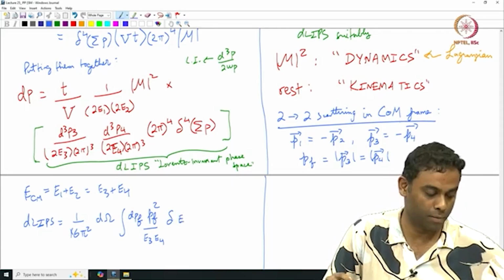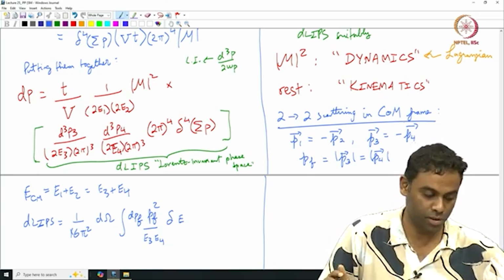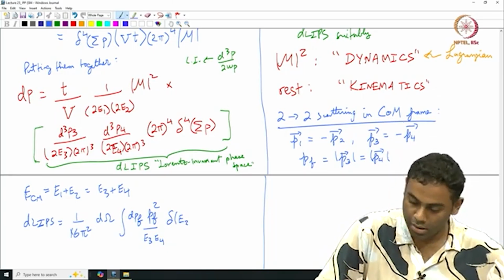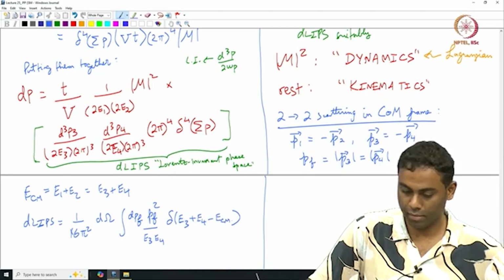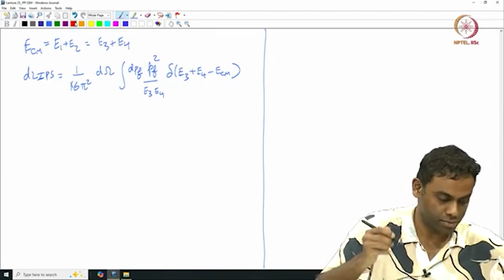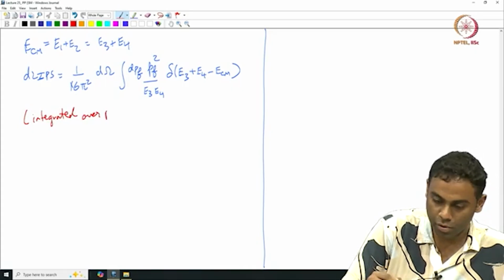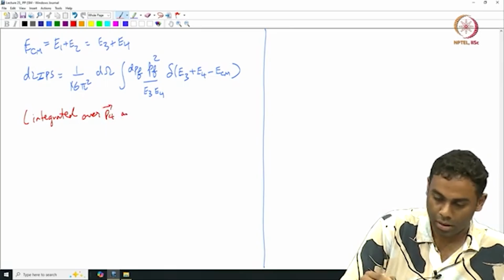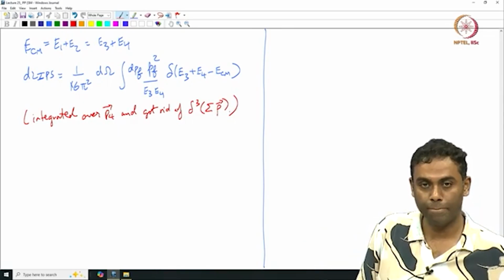Let's say I have integrated over P4, okay, and then I got rid of 3 of the delta functions. So I am still left with 1 delta function. That is nothing but conservation of energy, okay. So let me just write it down. What we have done here is integrated over P4 and got rid of delta cube of the sum of the 3 momenta.